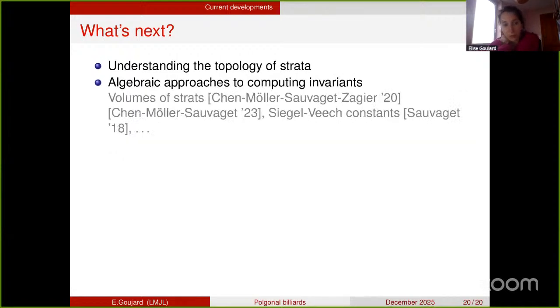There are also now some algebraic approaches developed to compute these invariants that I mentioned before, like Lyapunov exponents, Siegel-Veech constants, or volumes. There are works by Chen, Möller, Sauvaget, Zagier, etc., recent works expressing these invariants as Hodge integrals, for instance, on the moduli space.